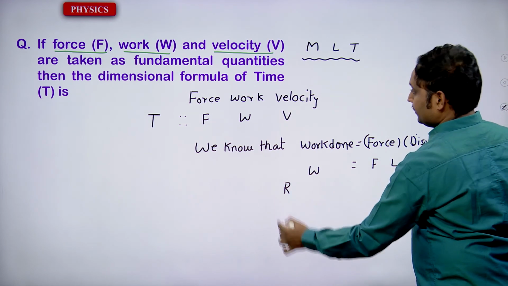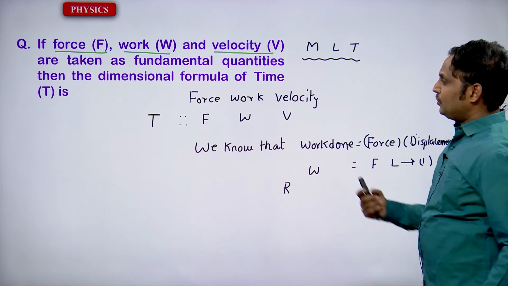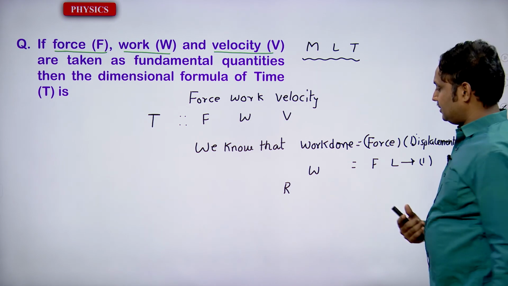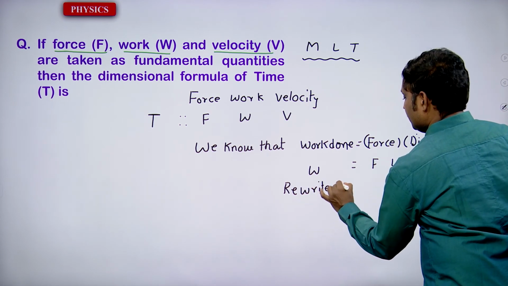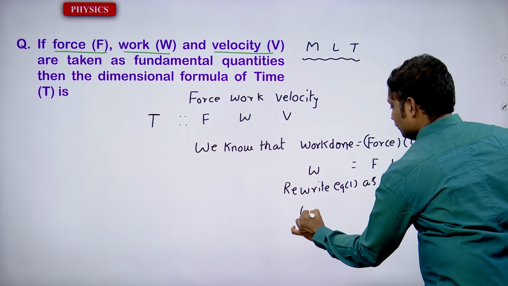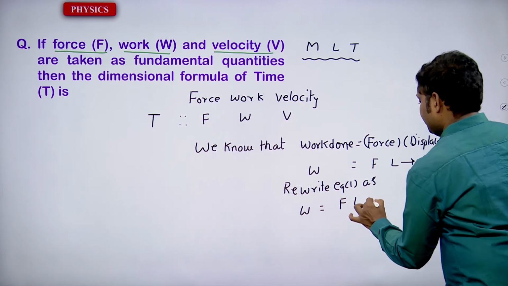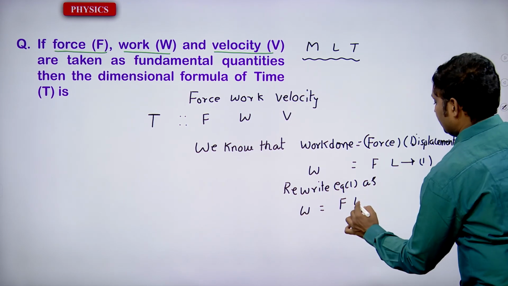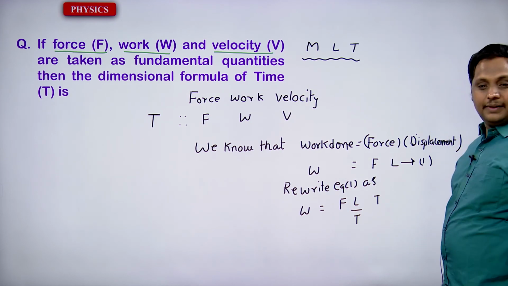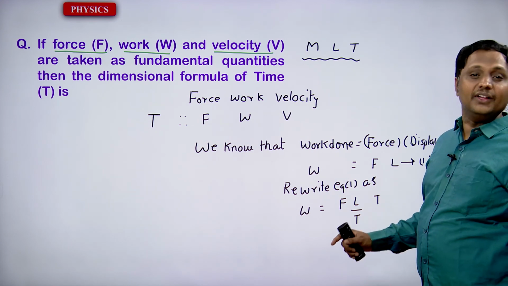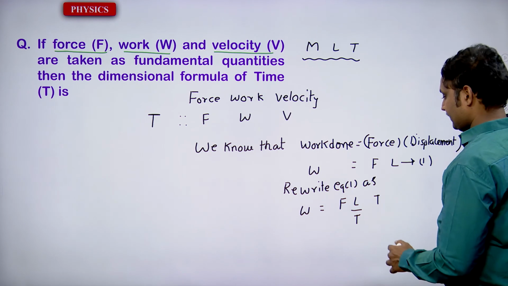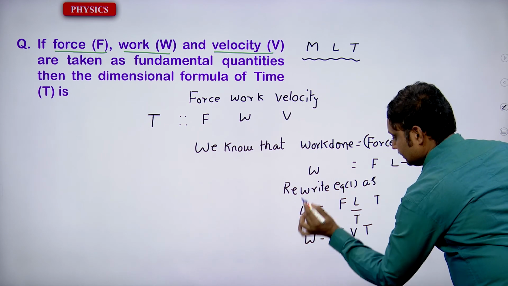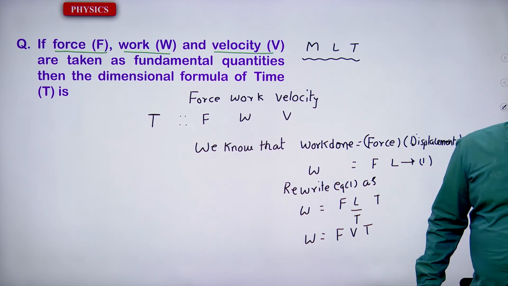So, rewrite. You have to express in terms of t, so just rewrite equation 1 by multiplying and dividing by T. W is equal to F into L into T by T. Multiplying and dividing with T does not affect the original meaning of the equation. So we get W is equal to F V T. Have a look at this, all of you.